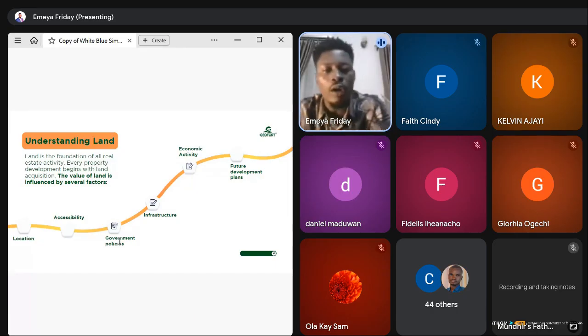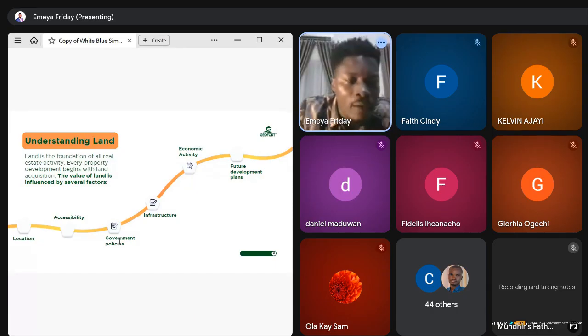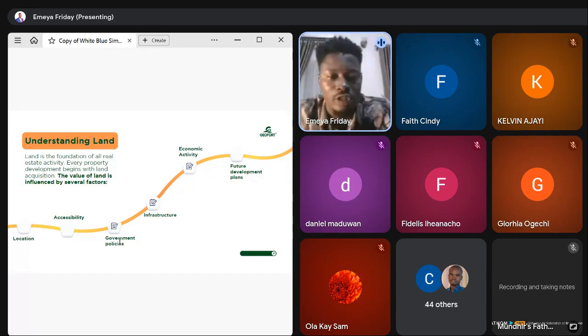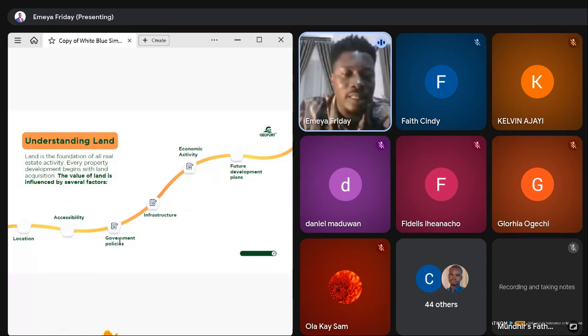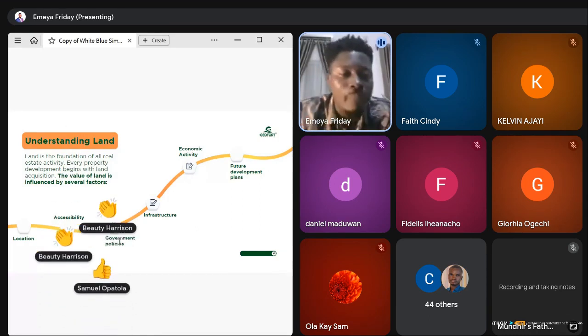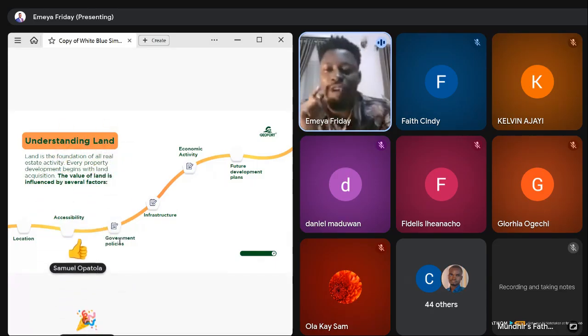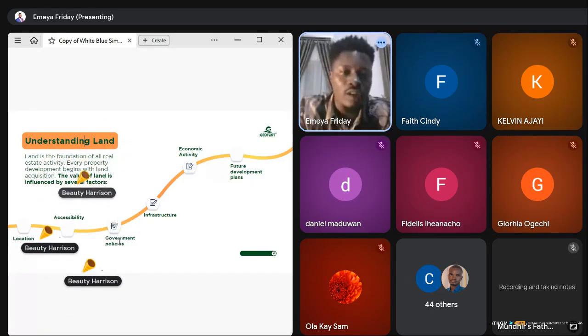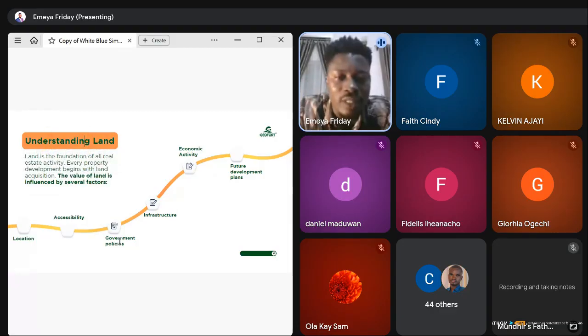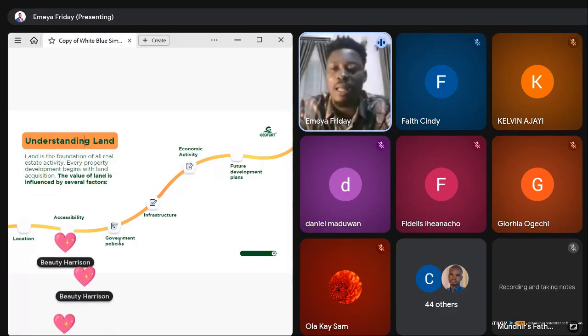One of the reasons for that difference is location. Number 2, accessibility. Number 3, government policies. Number 4, infrastructure. Number 5, economic activity. Then we have future development plans.